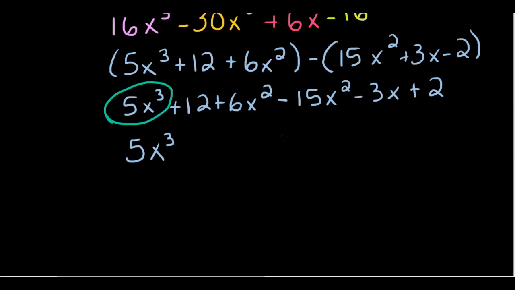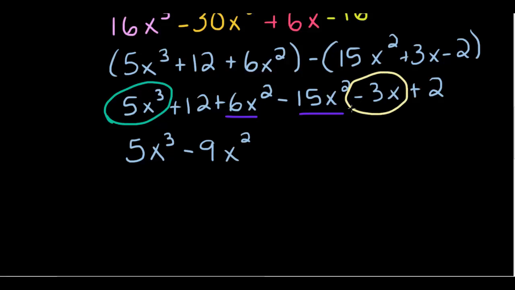Now let me look for the squares. This is x squared and this is x squared. So then I'm going to combine them. 6x squared minus 15x squared, that's going to be negative 9x squared. Now we're going to look for x's.